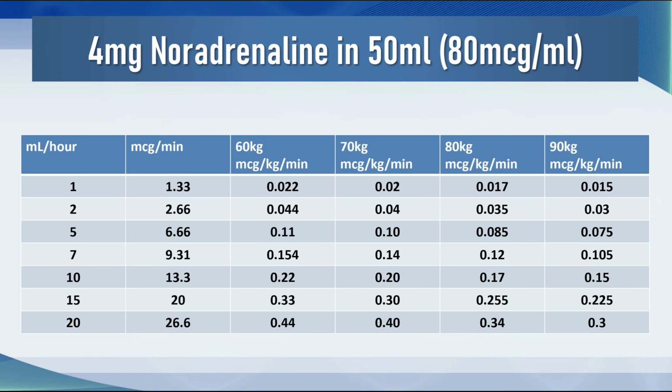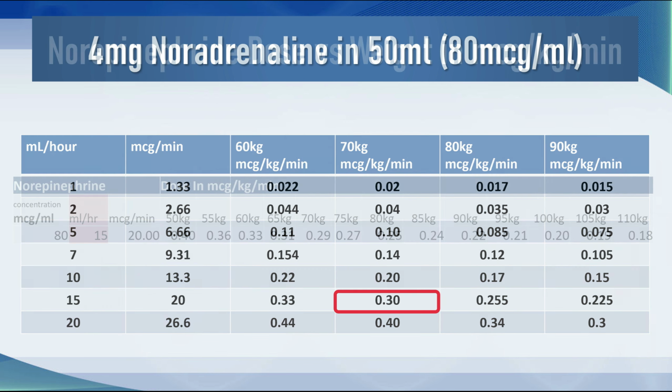So in this case, if you look at our patient Maeve, who's getting 15 mils per hour of 80 mics per mil, this is where she is, and that is a pretty hefty dose of norepinephrine. But we also need to have a look at the entire range of dosage that patients will get depending on their weight.